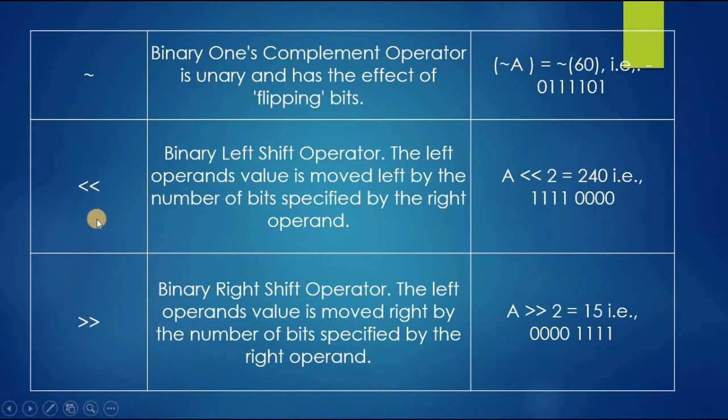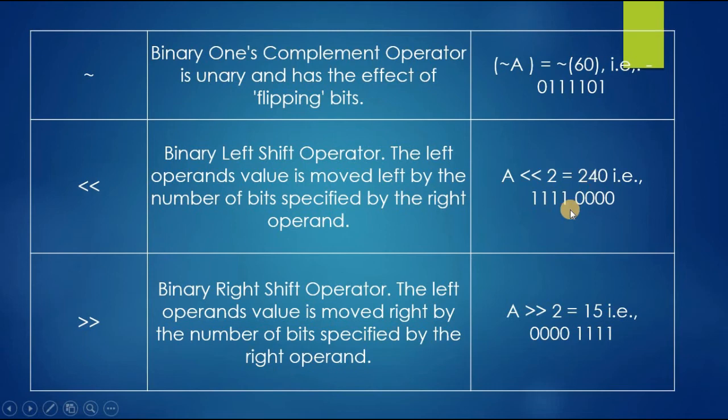Next is the left shift operator. The left operand's value is moved left by the number of bits specified by the right operand. In the example we are seeing here, A left shift 2 is equal to 240.